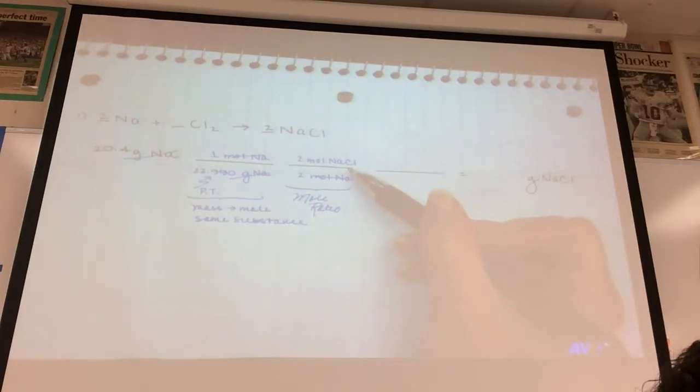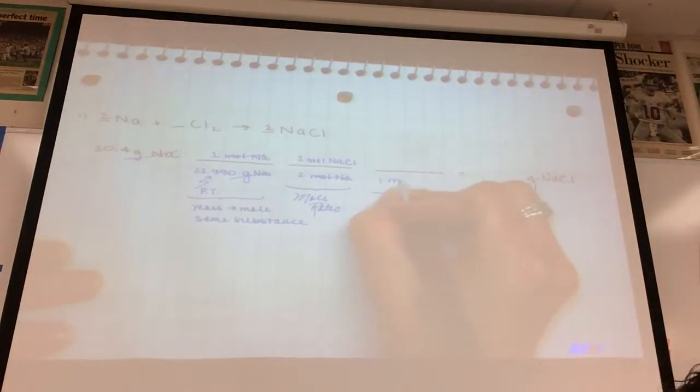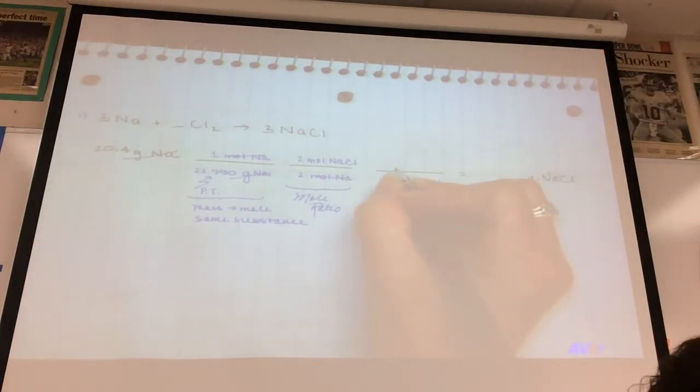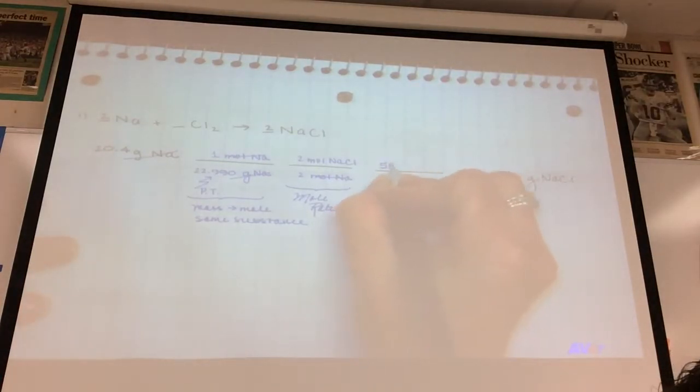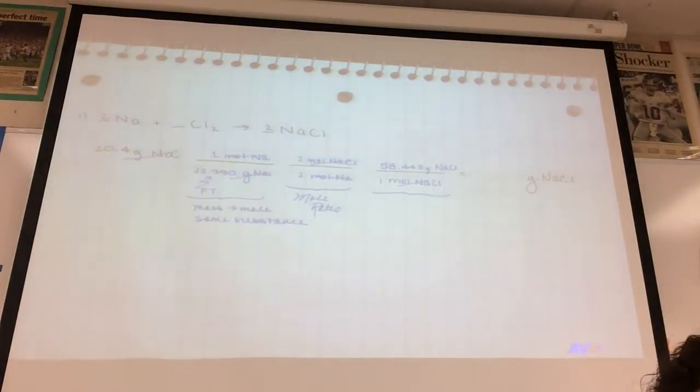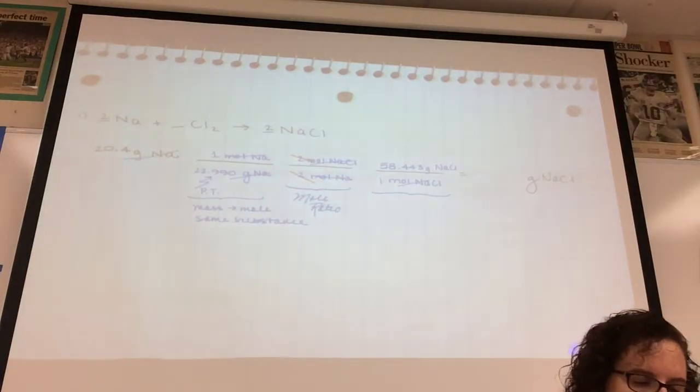Now I'm at sodium chloride. I want to get to mass. I'm at moles. I want to get to mass. This is a mole to mass conversion of the same substance. 1 mole of anything is equal to its mass in grams. I would simplify this down. It just makes life a little bit easier.